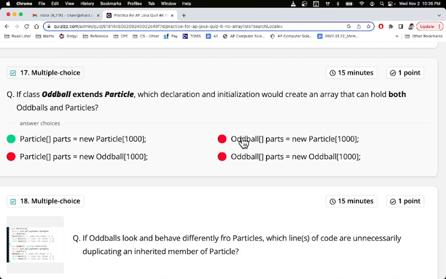Because not all oddballs are particles. No, I misspoke. Not all particles are oddballs. Okay, it's the child-parent relationship. And then this one's okay, but you can't store particles in an all oddball array. It has to be this one of type base class.